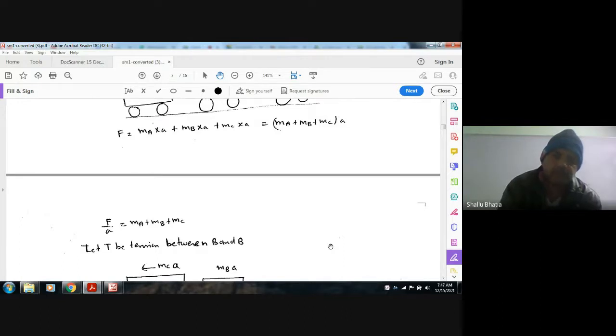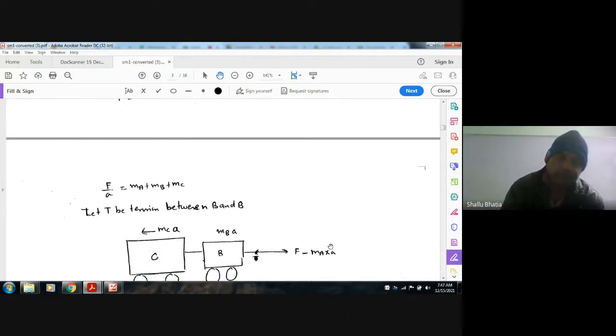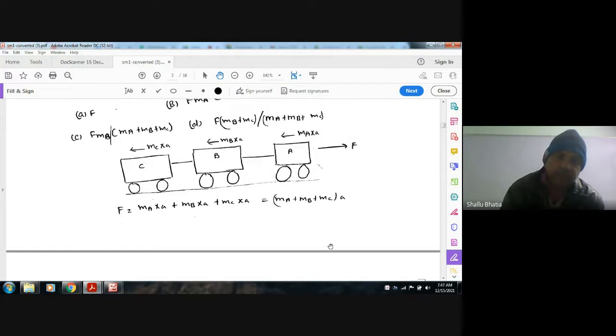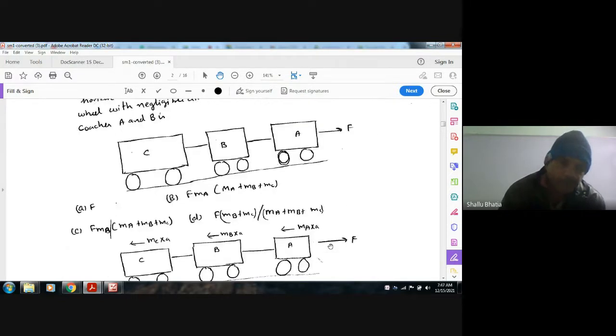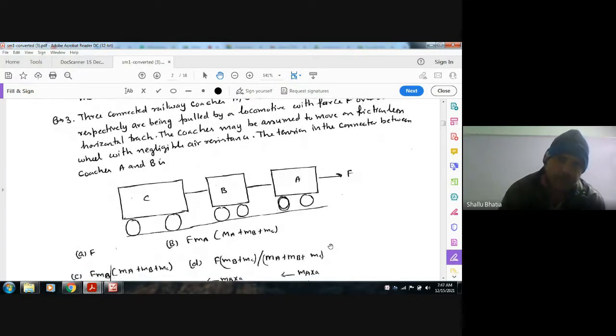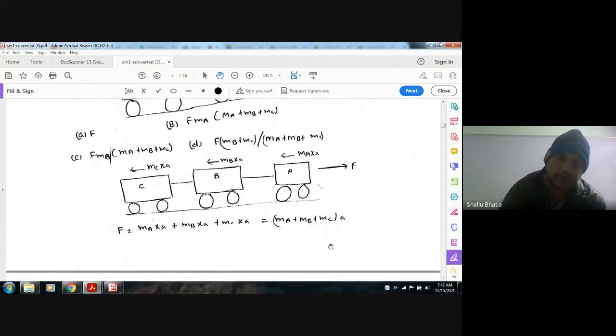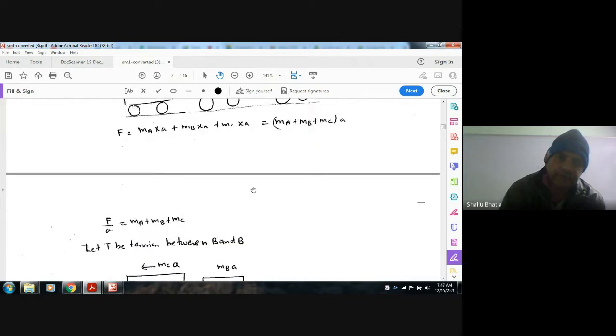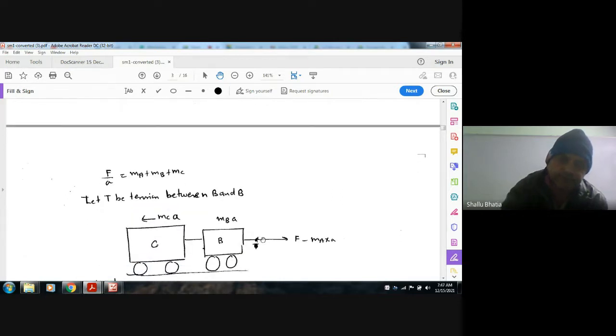Now consider the equilibrium of the connector between A and B. Let T be the tension in the connector.